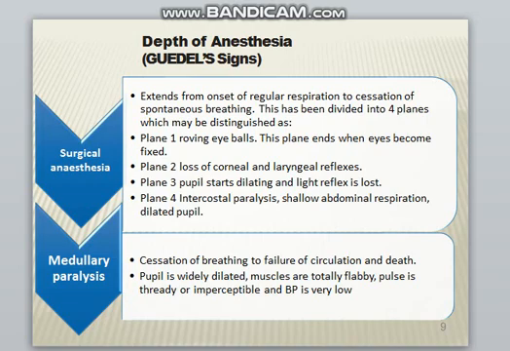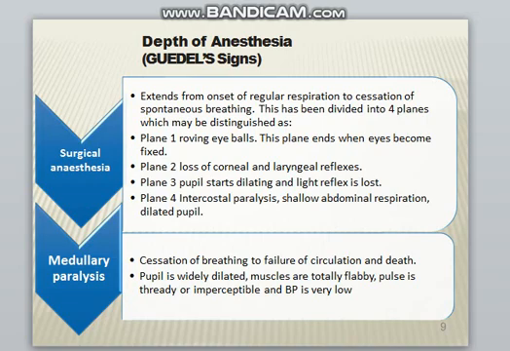Plane 1: roving eyeballs, and this plane ends when the eyes become fixed. Plane 2: loss of corneal and laryngeal reflexes. Plane 3: pupil starts dilating and light reflex is lost. Plane 4: intercostal paralysis, shallow abdominal respiration, and a dilated pupil.